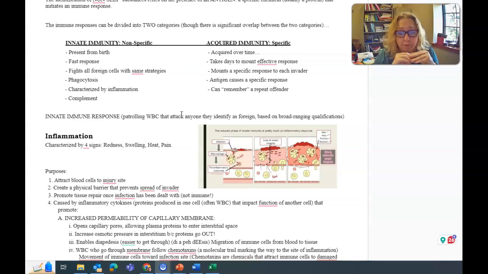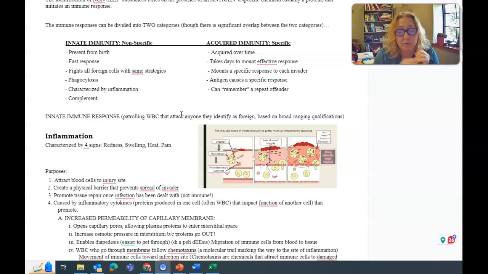It's a sneaky word for phagocytize, like engulf it and digest it and spit it back out. It's characterized by inflammation. Some of us experience this in the fall. Some of us experience this in the spring. You're inflamed, you're red, you're puffy, you're swollen. It's gross. And it's done by something called complement that we will talk about very specifically.